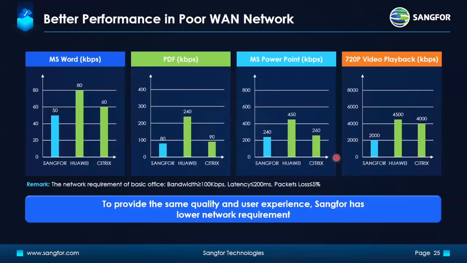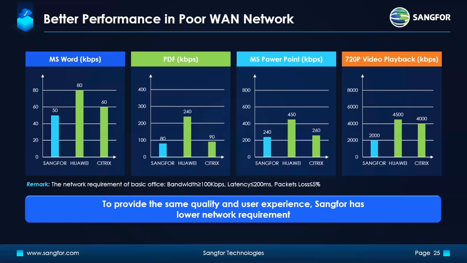Here, the performance we observed in our own Sangfor lab shows that Sangfor VDI consumes less bandwidth for the same activity, which saves customer bandwidth and resources and gives Sangfor users an advantage on a poor WAN connection.